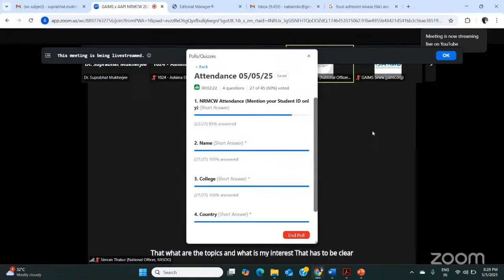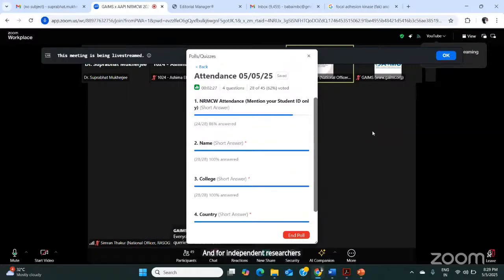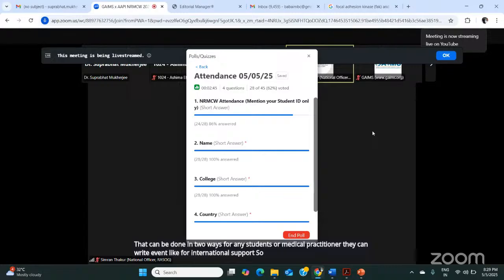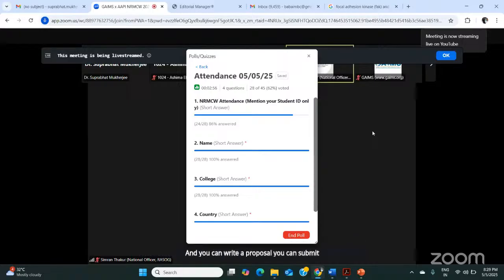Before writing anything, and for independent researchers, if you want to write for a grant, that can be done in two ways. Any students or medical practitioners can even write for international support. So you can go to the Fulbright Fellowship, which can give you the fellowship for 6 months to 12 months, and you can write a proposal and submit it in consultation with a supervisor from the US.